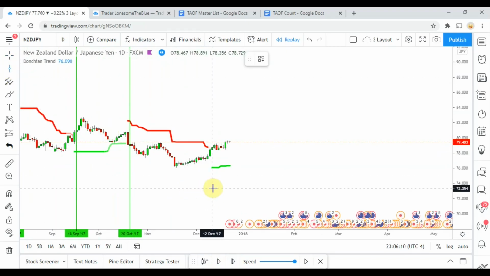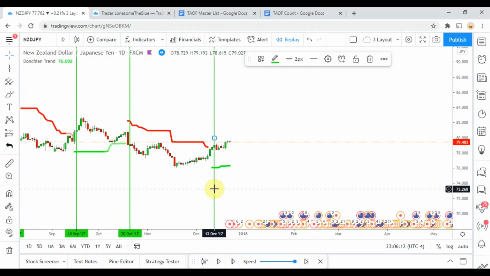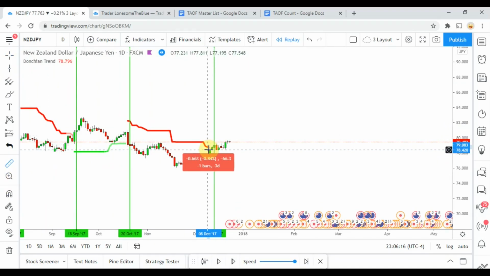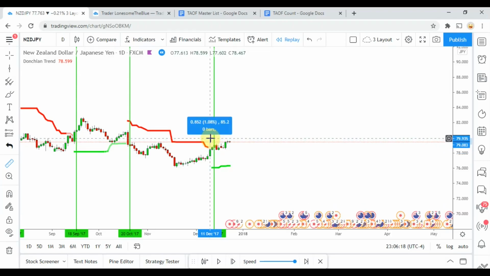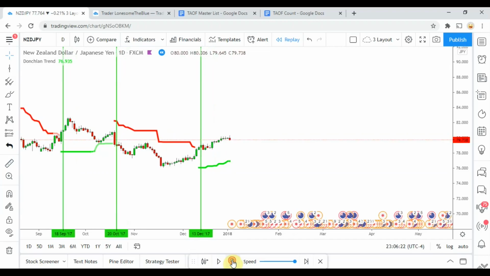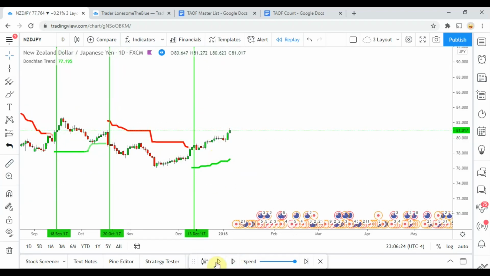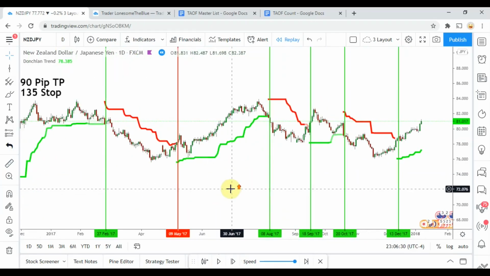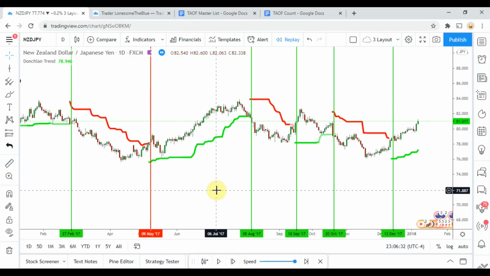A long right there, even though it had a slight pullback right there, it did not hit our stop. It hasn't hit take profit yet either, but it would have right there. And that would have put us at the end of the year right there.